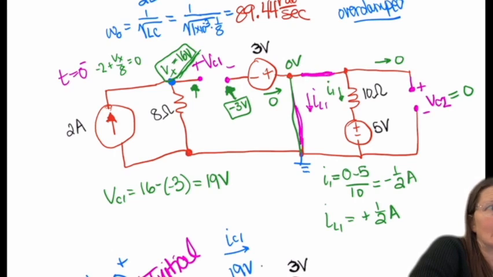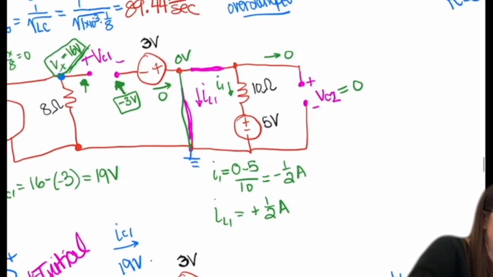Does that make sense? Okay, then we need the current IL1. There's 0 coming in from the current source because that's floating.